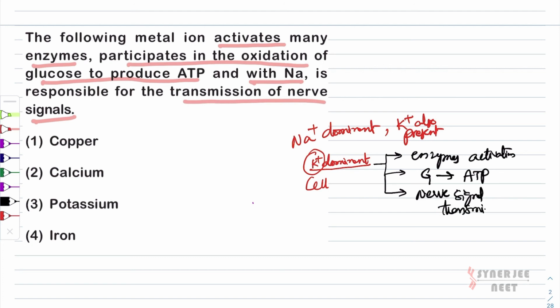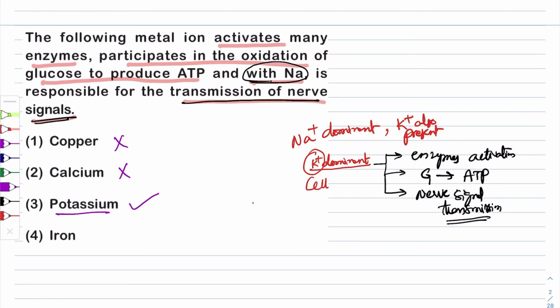In nerve signal transmission, sodium is also involved, and potassium is also involved. That's why it is given along with Na+, they are involved in the transmission of nerve signals. K+ is dominant inside the cell and Na+ is dominant outside the cell, but both are present and contribute to many activation processes related to the cells. In the given options, copper is not the answer, calcium also not, potassium is there, yes, this is correct, and iron is not.